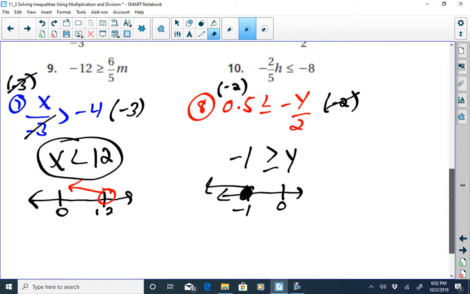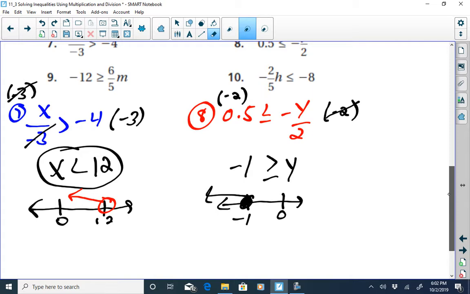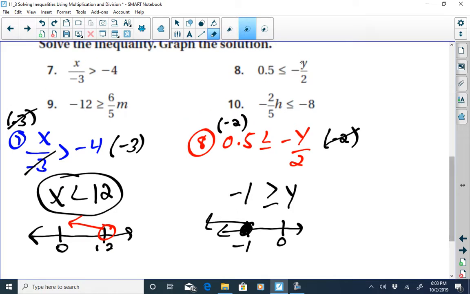I need a value in the solution set that's less than or equal to -1. Hey, let's try -1, because -1 is equal to -1. So if I replace y with -1, negative times negative is positive, we get 1/2 here. Is 0.5 or is 5/10 less than or equal to 1/2? The answer is yes.